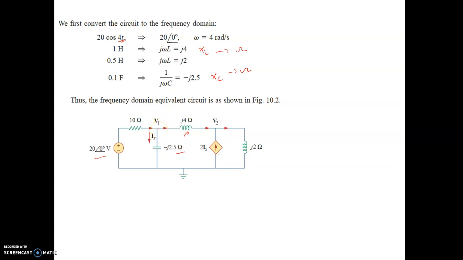For the nodal analysis here, we have a voltage source. If a voltage source is present, then we have to use either a supernode analysis or a simple method. There are two cases. Here the nodes are: this is node 1, this is node 2, and this is the reference node.